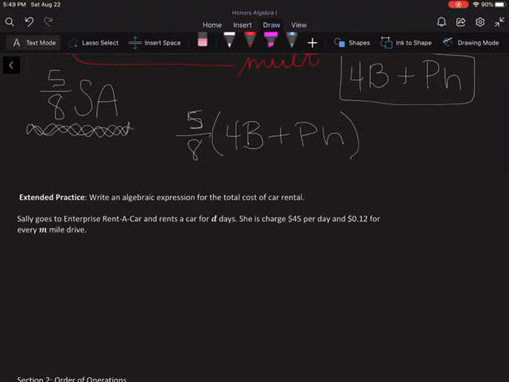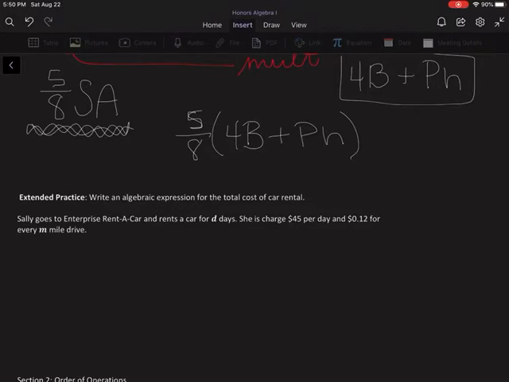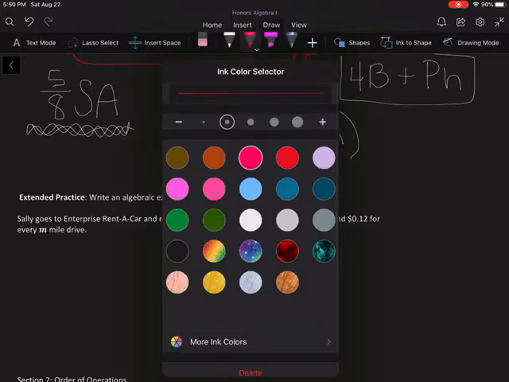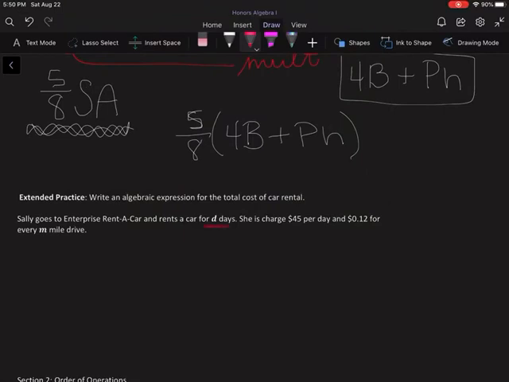Extended practice: write an algebraic expression for the total cost of the car rental. Sally goes to Enterprise Rent-A-Car and rents a car for D days. So D days means for every day she's probably charged something. She is charged $40 per day. Okay, so that matches up.